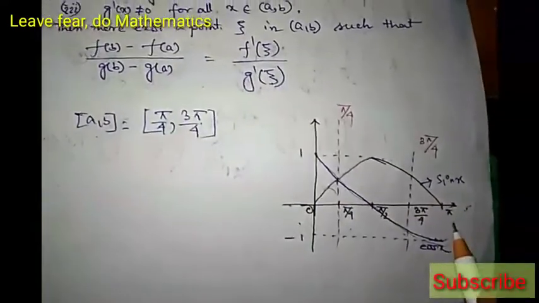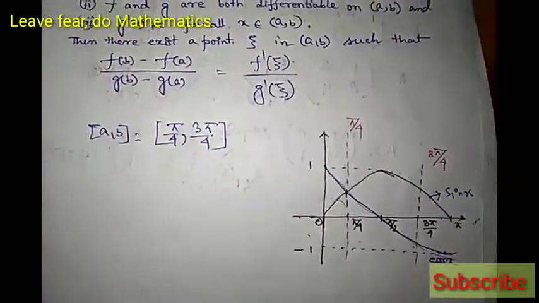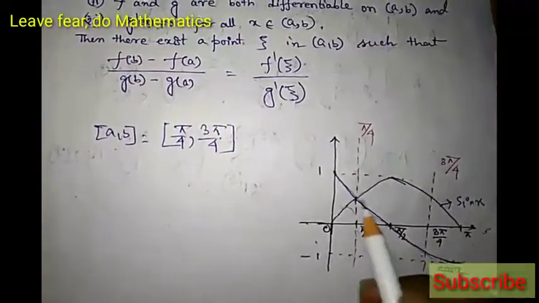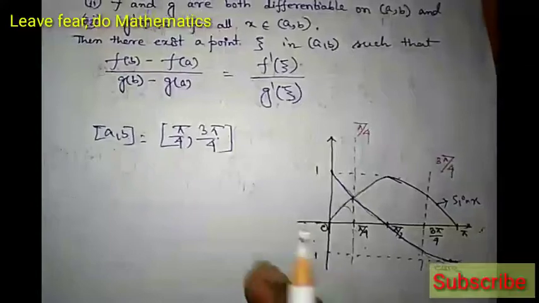Now clearly sin x and cos x are continuous over R, so they are continuous over [pi/4, 3pi/4] obviously, and they are differentiable in this interval also, and the graph also verifies these two claims.